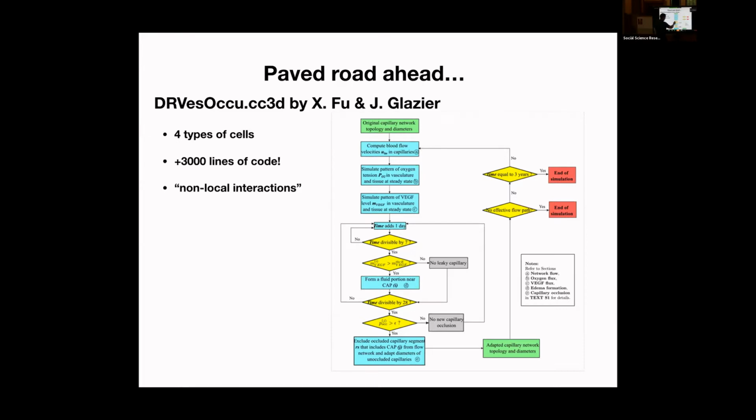When that in fact happens, then you form a fluid portion near the cap, which is basically the edema that forms a certain region, which just has blood in there and it's not flowing. And you just keep going. You can go again and you start forming these patterns.